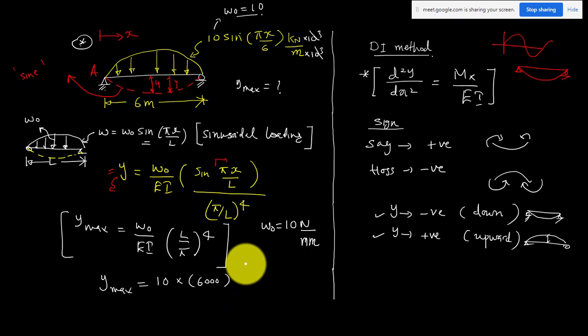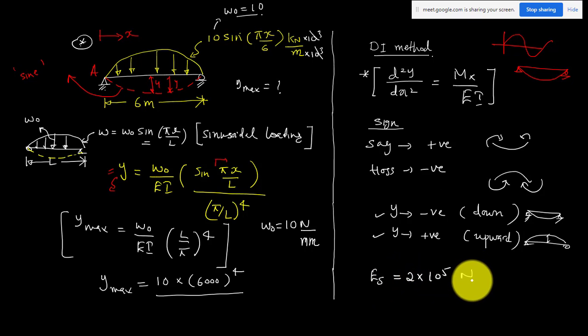Everything I am substituting in millimeter and Newton, so that your final deflection value you will get in millimeter. So this will become L power 4 all divided by, suppose your beam is a steel beam, your E value will be 2 into 10 power 5 Newton per millimeter square.